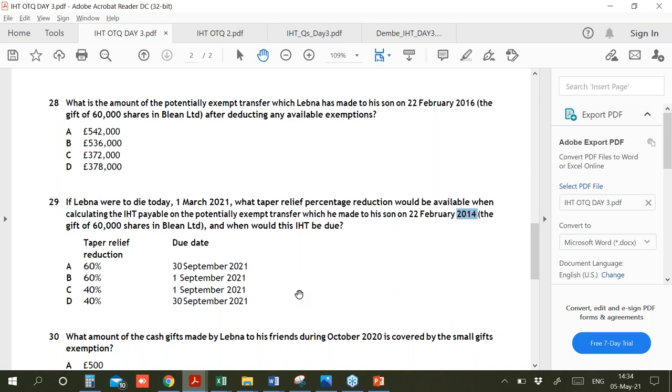All you have to do is see how much time has passed between 22nd February 2016 and 1st March 2021. So you tell me, how many years have gone?